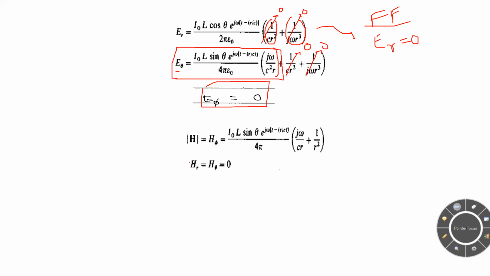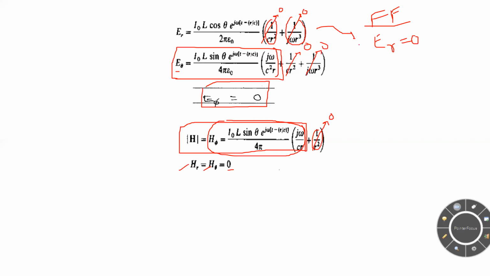Now what about H phi? For H phi, we can observe that here we have 1 by r square. So this one gets equated to 0. We are left only with this parameter. Therefore we have H phi in the far field, which is given by this part, and HR and H theta in the far field are 0.